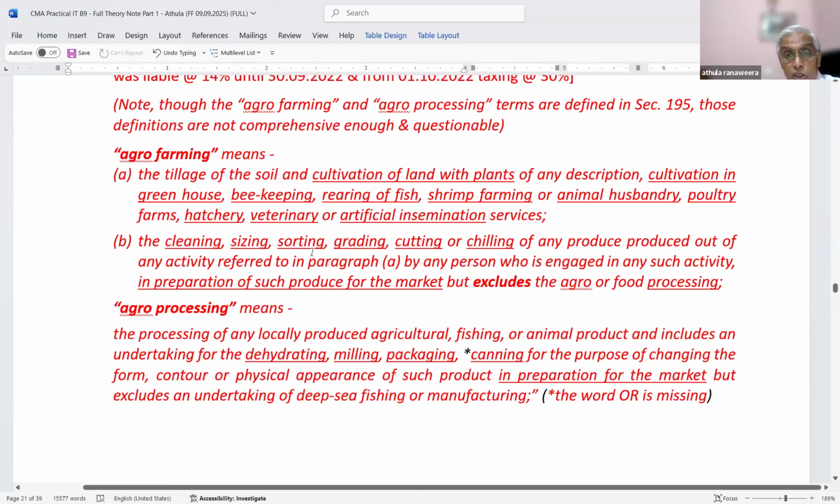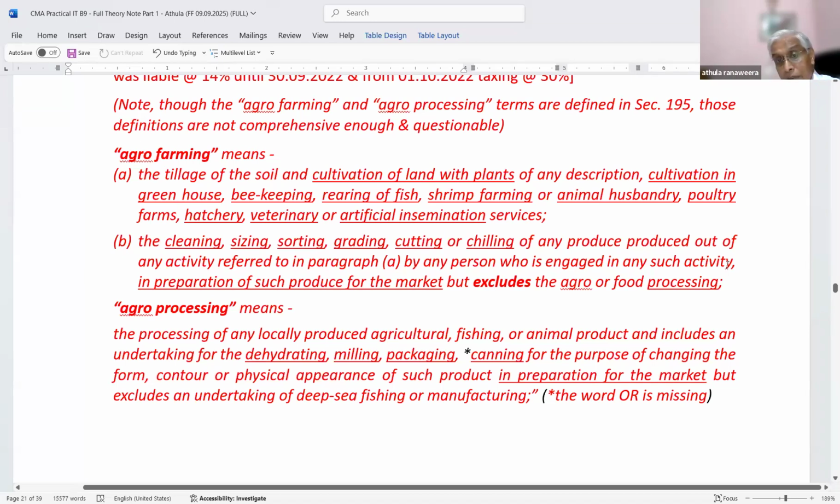The cleaning, sizing, sorting, grading, cutting or chilling of any produce produced out of any activity referred to in paragraph A by any person who is engaged in any such activity in preparation. This is the important thing. In preparation of such produce for the market, that means consumer requirement, but excludes the agro or food processing.